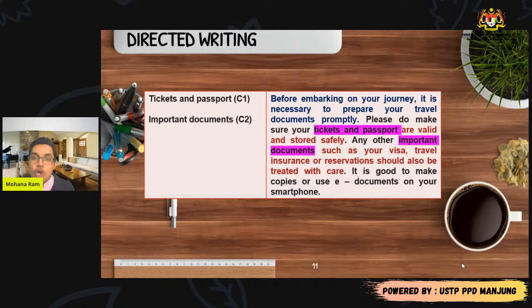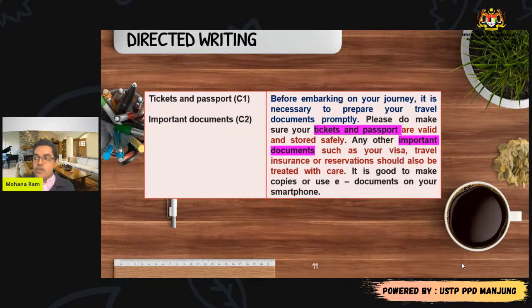Please do make sure your tickets and passport are valid and stored safely. Any other important documents such as your visa, travel insurance, or reservations should also be treated with care. It is good to make copies or use e-documents on your smartphone."